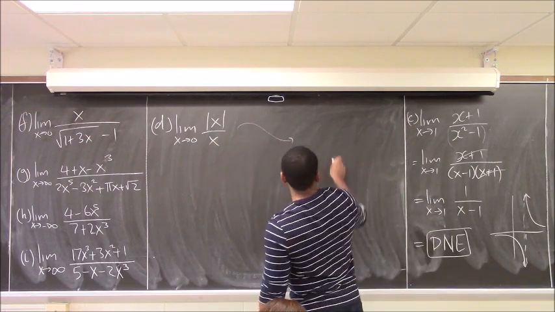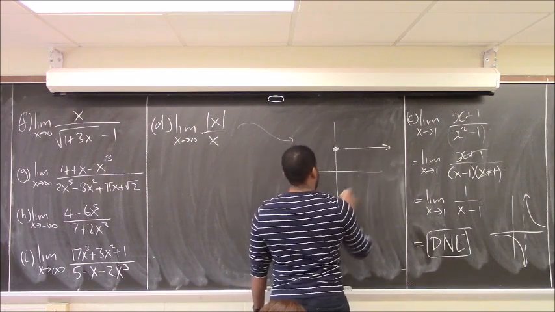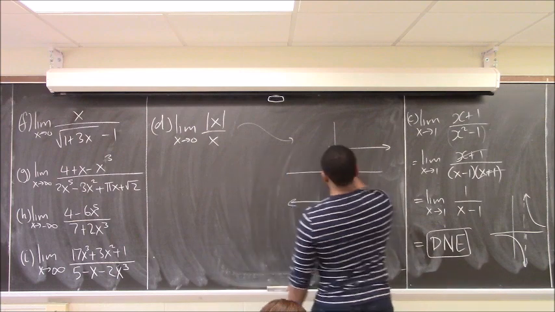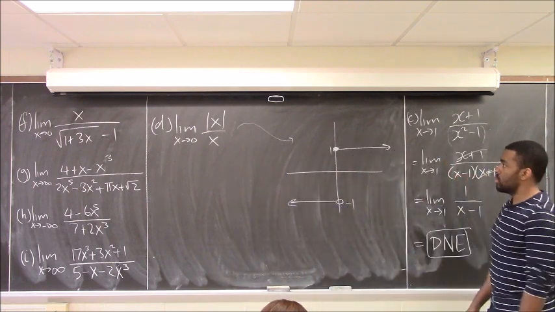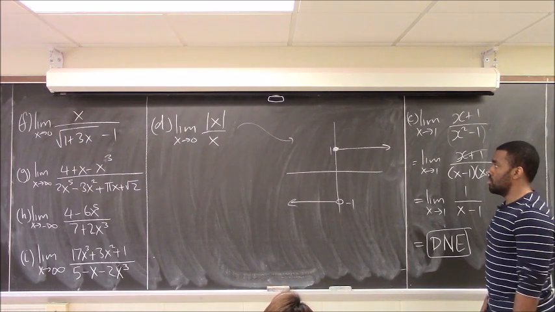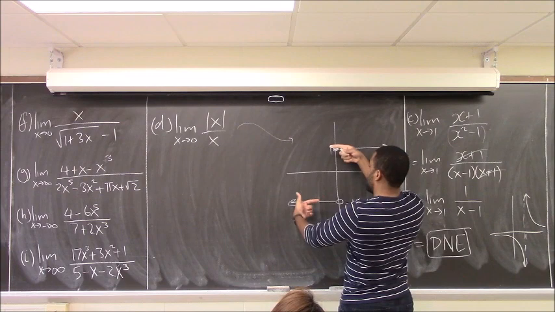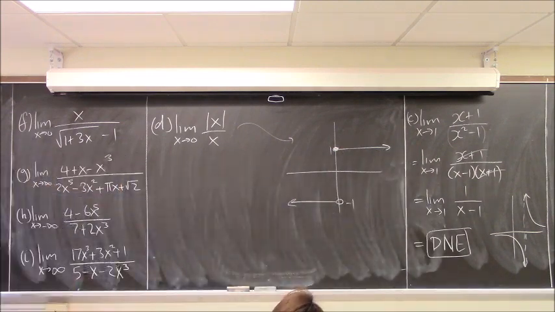Okay. So you can think of the graph here. It's like that, and this is at 1 and -1. The two-sided limits aren't equal to each other, so there's no limit. From the right you get 1, from the left you get -1. By the way, knowing that that's the graph, how do we know that?